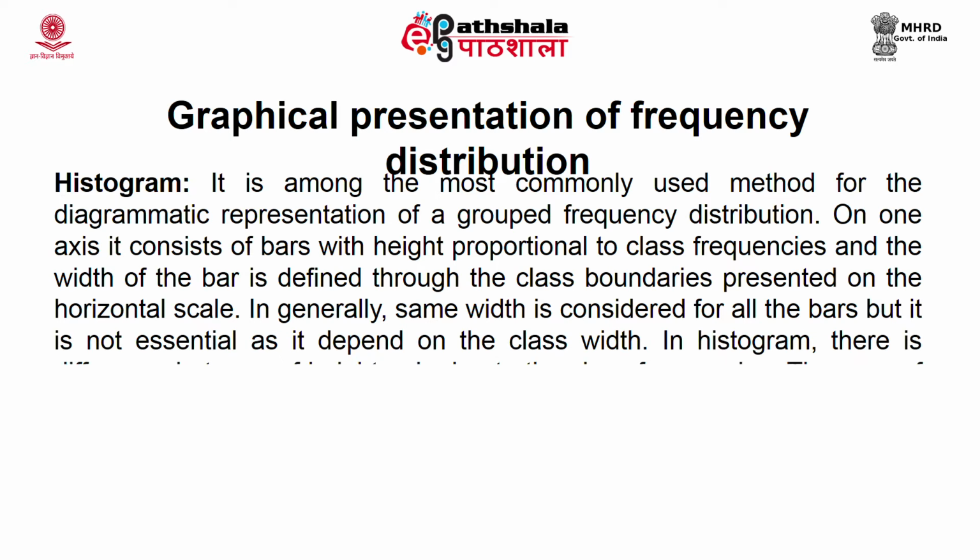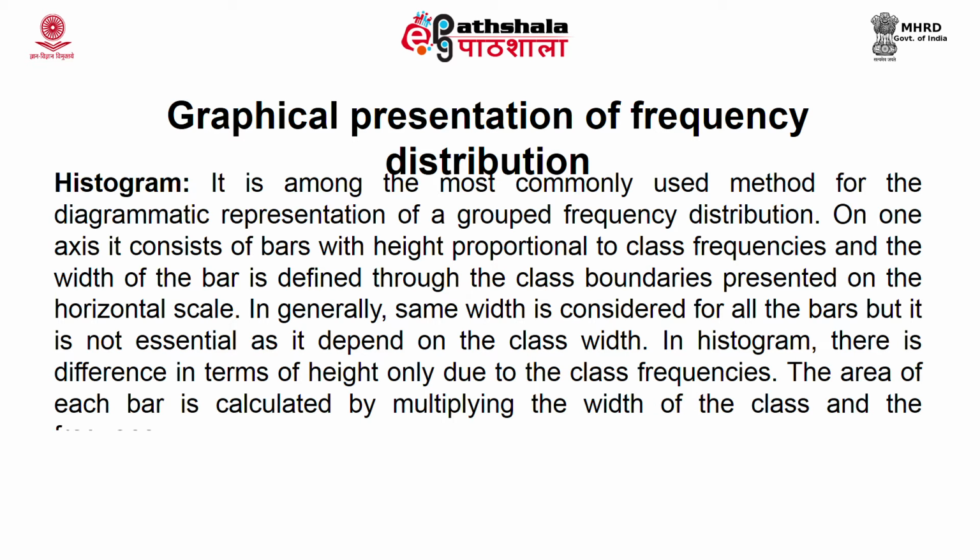Generally, the same width is considered for all the bars, but it is not essential, as it depends on the class width. In a histogram, there is a difference in terms of height only due to the class frequencies.